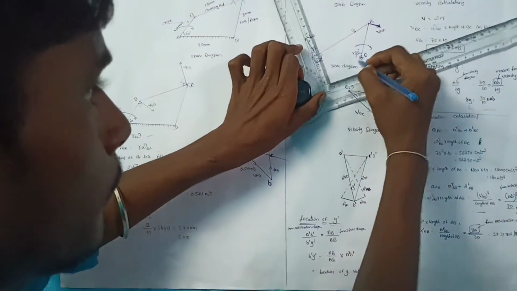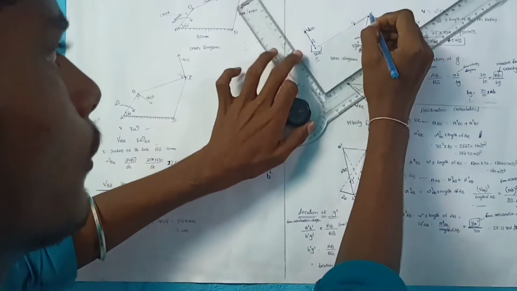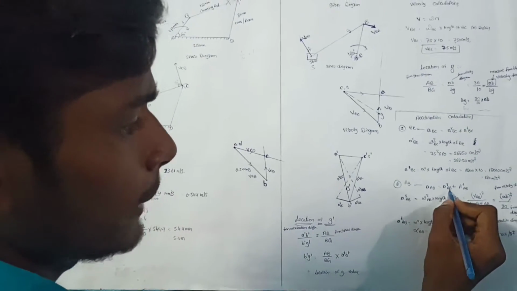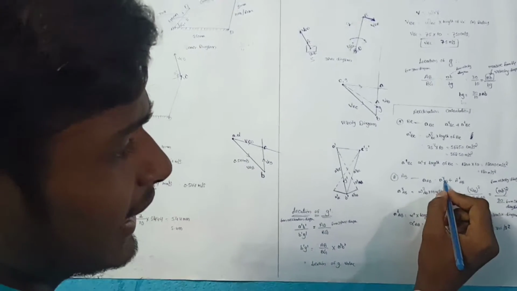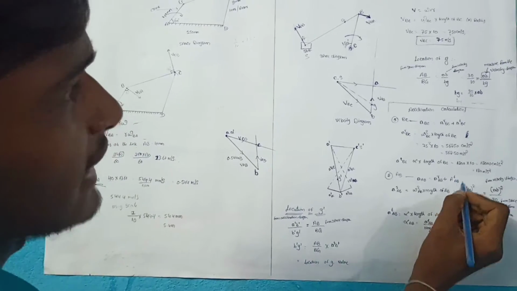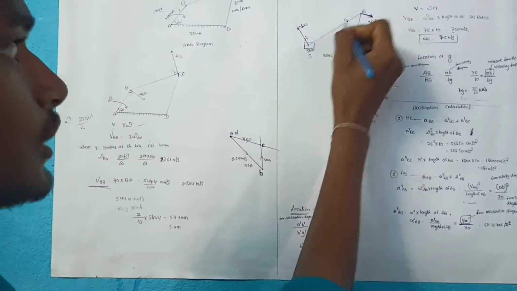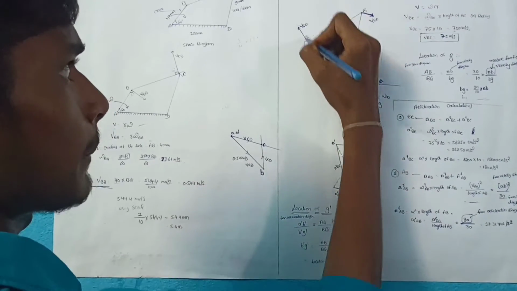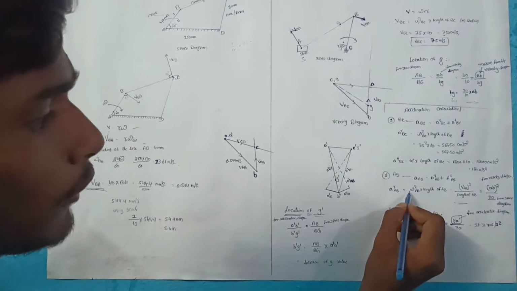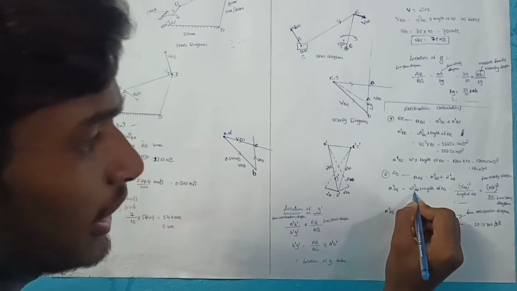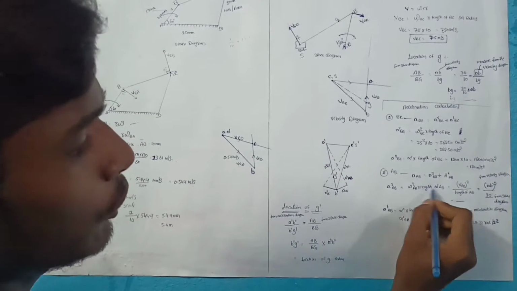Now we have completed BC, and next we want to find AB. Here also, AR AB plus AT AB, radial direction plus tangential. Its radial direction is this one, and its tangential direction is the perpendicular direction. Here we don't know the omega, how much it is moving, so we need to find it. The length of AB is given in the question.